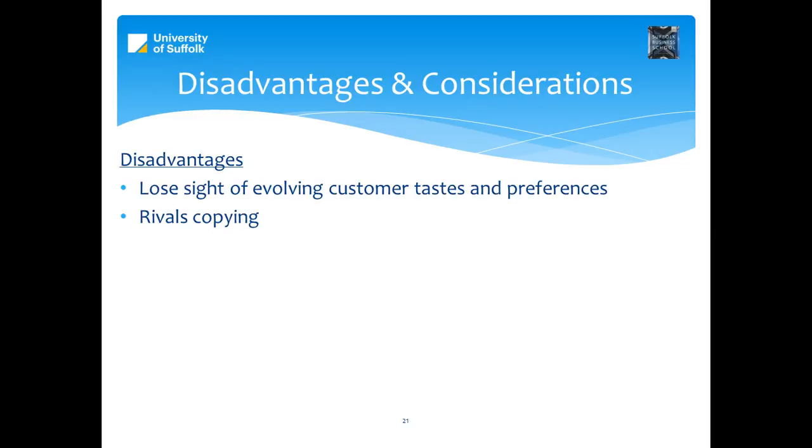So rivals can say, hang on, they're doing it like this, let's try and do it ourselves. And I think also new technology. As research and development work continues, things could be obsolete almost immediately. And if we think about computers, just think how quickly computers move on.